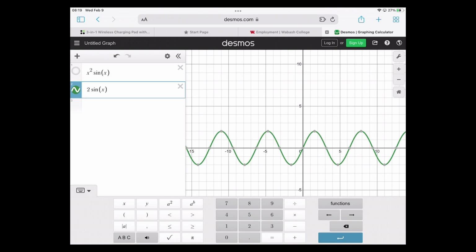Now let's think about what x squared does. As x gets big, x squared gets really big. And so what I'm doing is stretching the graph vertically more and more the further away from the origin I get. So what do you think the limit's going to be? I'm going to take a big old D and E here. Why is it going to be D and E and not infinity or minus infinity?